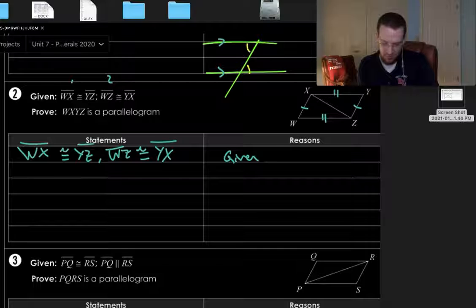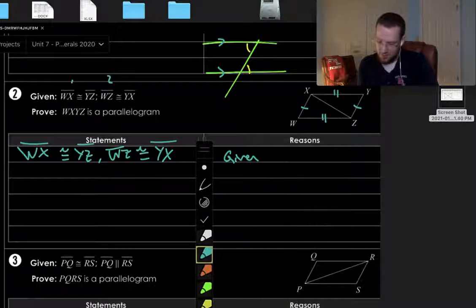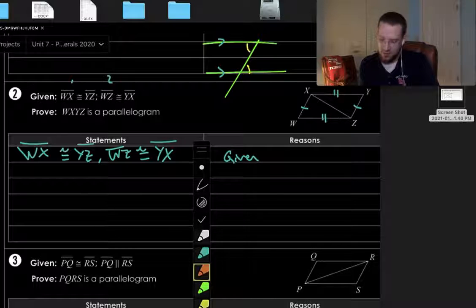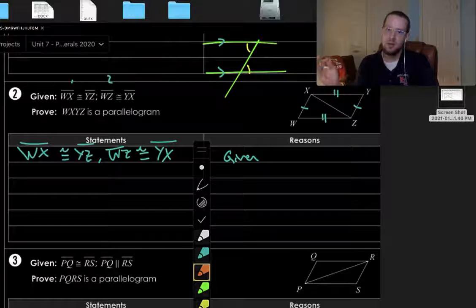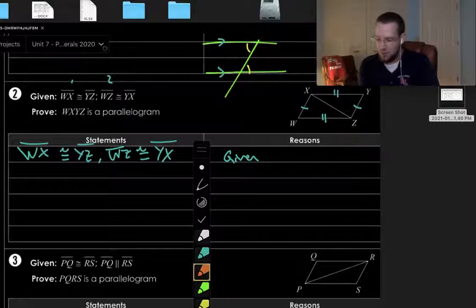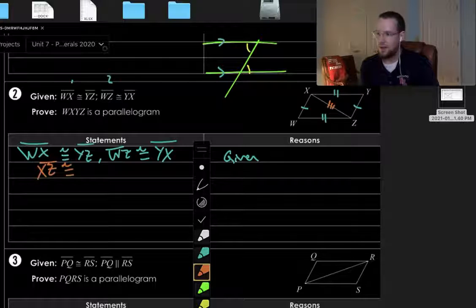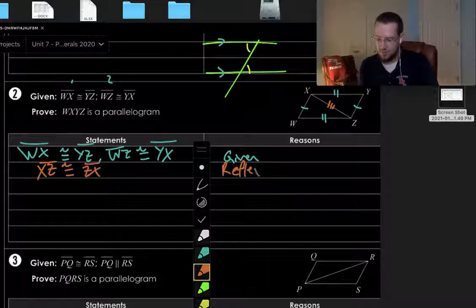Let's just finish this off. A lot of the times while we are doing this, we need to think, what did we just prove the last time we proved stuff? And it was triangles. And if we look here, we have this. Hey, isn't that a third side there? Yeah, that's XZ, and that is congruent to ZX, and that is reflexive.